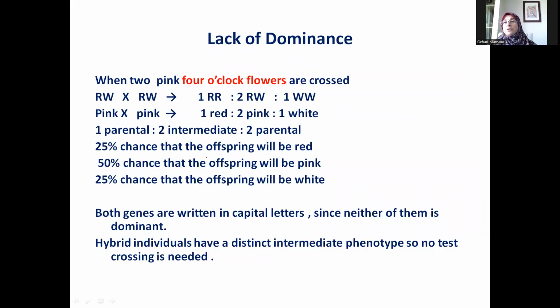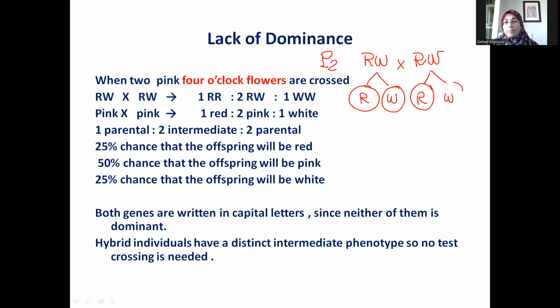Now, in lack of dominance, on the previous slide, we just considered the first generation. But if we take, for example, two pink flowers of the first generation, and now they are the parents, so we call them parent 2, not parent 1, and we cross them with each other, then for each of them we would have two possible gametes, RW and RW.